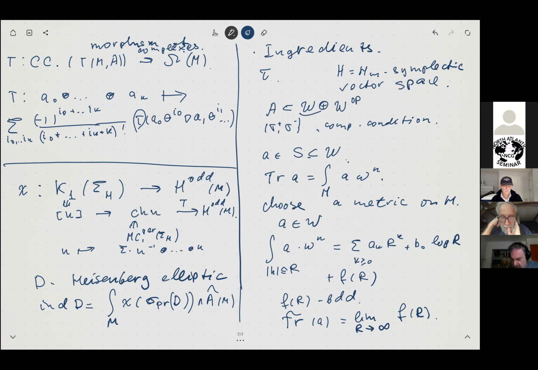Now this regularized trace, of course, will no longer be a trace on the algebra W. However, the main issue here is the presence of the logarithmic term.